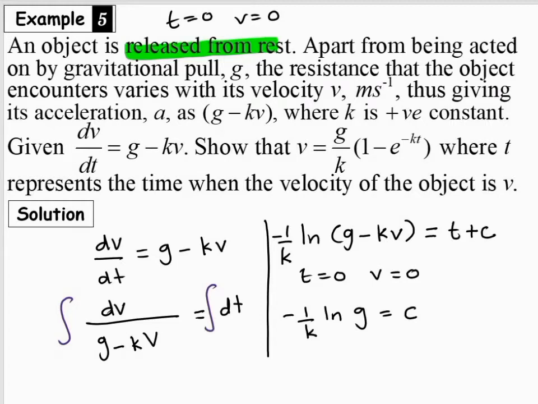So this is the value of our c. Now we substitute our value of c here. The equation becomes negative 1 over k ln of g minus kv equals t minus 1 over k ln g, which is our value of c.